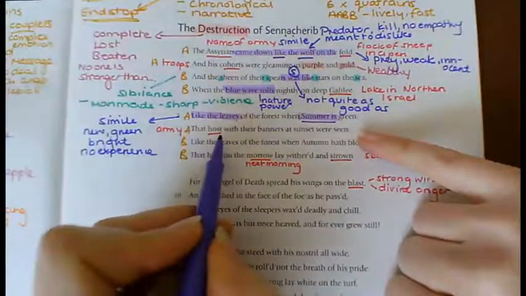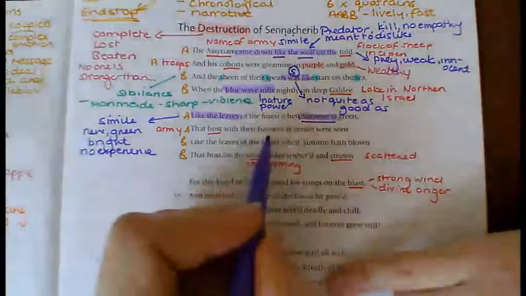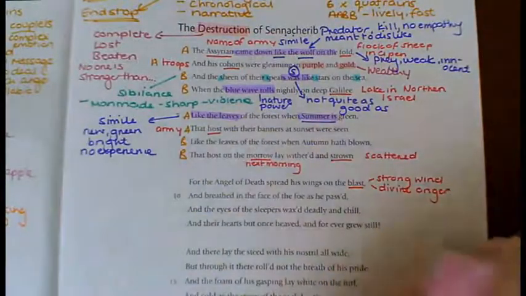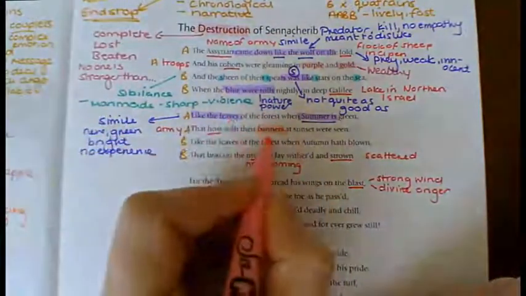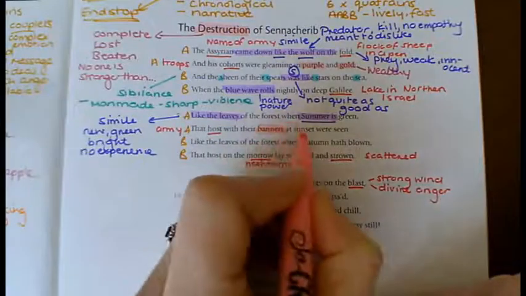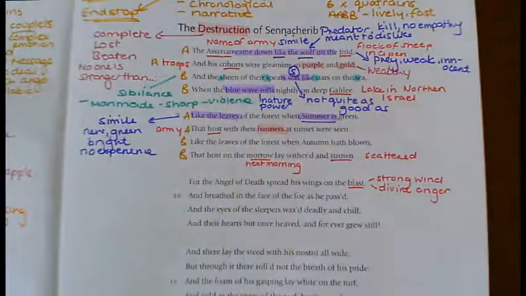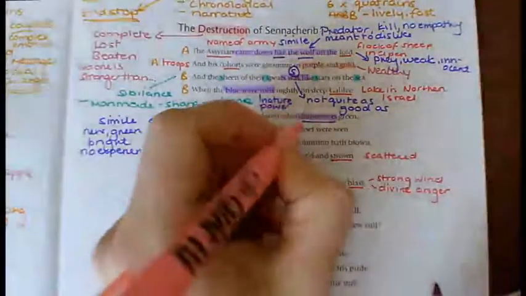Second one here: that host with their banners at sunset were seen. Look at the man-made stuff there. I'll just use my vocabulary colour. So we've got the banners, and look how we've got man-made versus nature. We've got the banners, and then God is like the sunset, which is huge and massive. So almost like the sunset is God's banner.